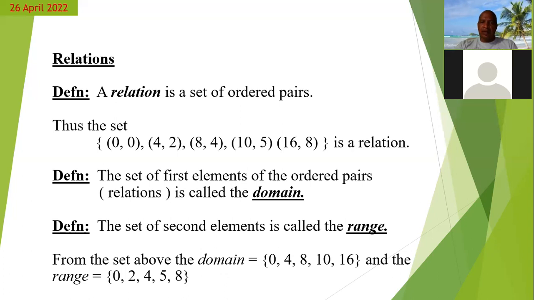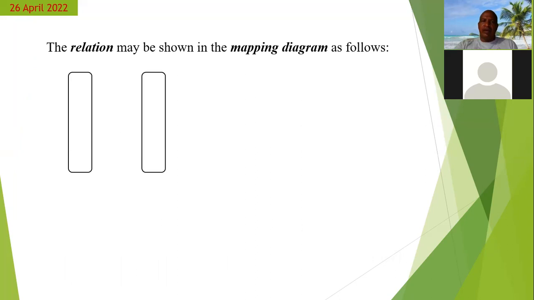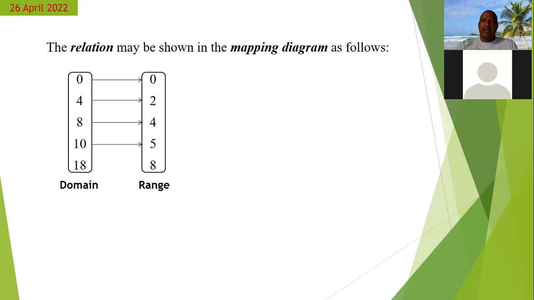Yes, sir. Okay. All right, so if we're to show our relationship using a mapping diagram, we would generally use one column for our domain and one column for our range. Now the left column is our domain and the right column is our range. In our mapping diagram, we will map arrows from our domain towards our range.